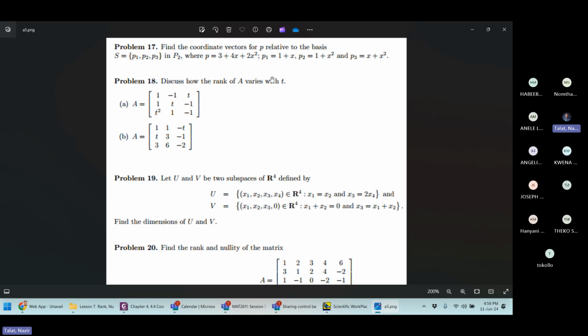Just write 3, 4, 2 in the form of a vector, and it is called the coordinate vector of P. But here you need to do some more steps: take P equal to C1 P1 plus C2 P2 plus C3 P3, then find the values of C1, C2, C3 and write them as a vector. That vector is the coordinate vector of P. So that is the method for that question.